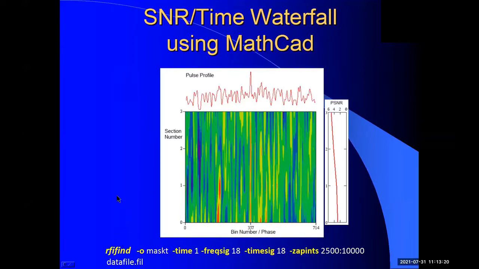So I've diverted now to using MathCad and I'm copying the processes that Presto uses. And so I've broken it into 4 parts here, and you can see here the pulse is appearing in all parts. It's a bit weaker here and a bit weaker there.